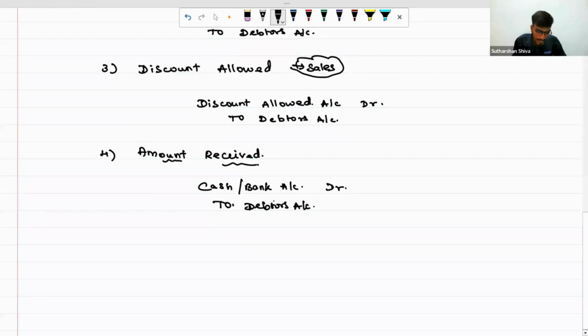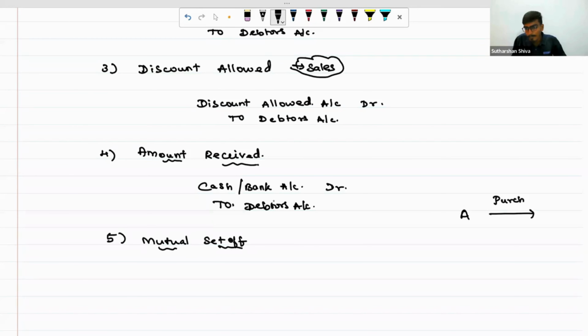Next, there may be a possibility that it can be mutually set off. What is mutual set off? It is an important point which will be helpful for every chapter. That is mutual debtors. A is a person who sells goods to B. B is a person who purchases goods from A. A is making sales, B is making purchases.